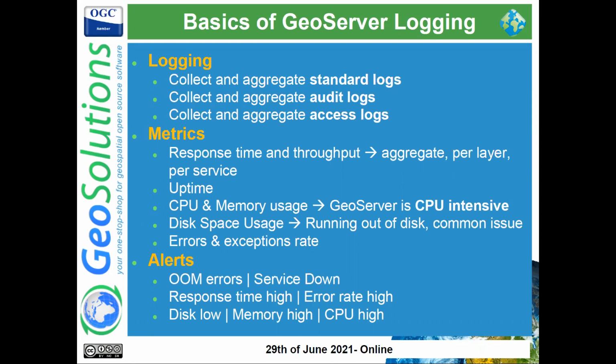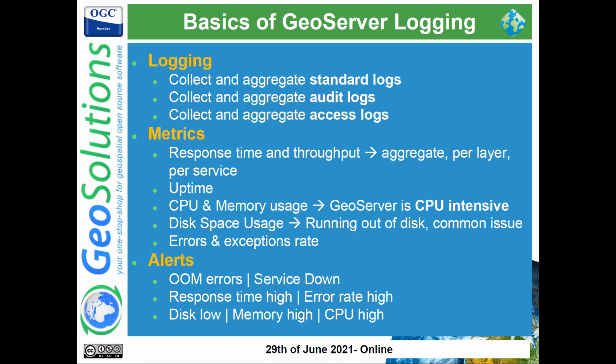And memory usage is, of course, something we want to keep an eye on, especially if for some reason you configure GeoServer with lots of heap and you don't have lots of RAM on your nodes. You may end up in a situation where you run out of RAM and the application is killed.